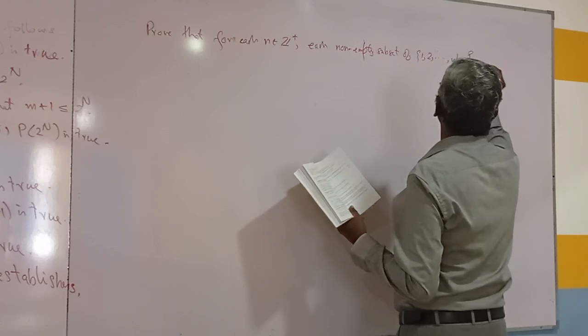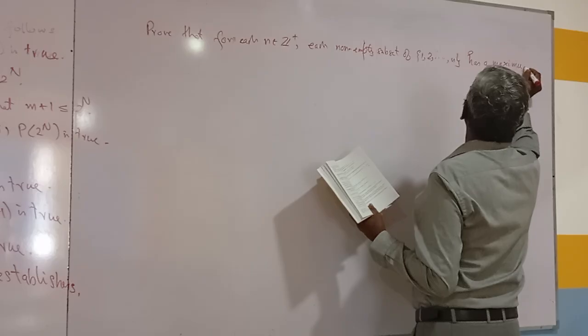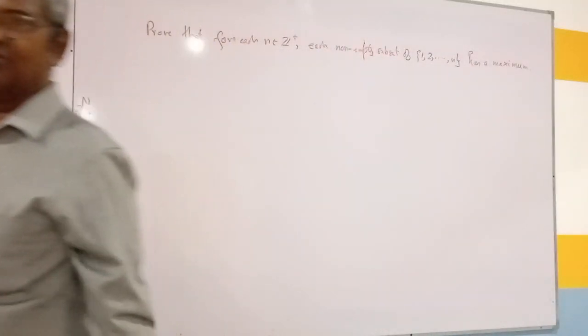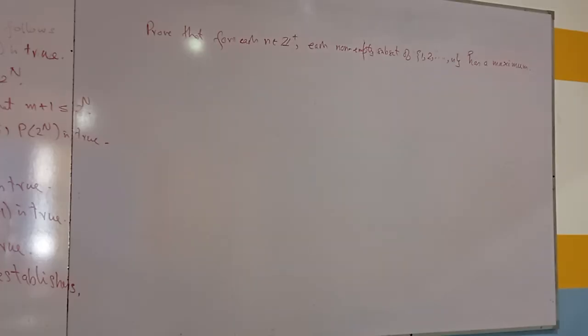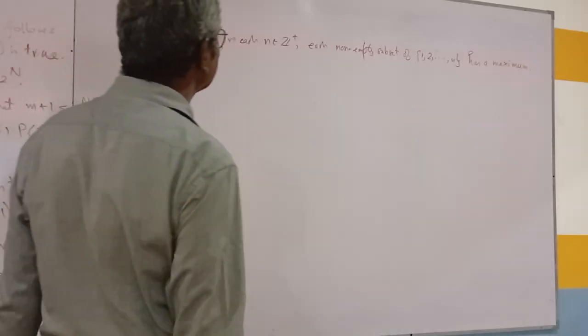Actually, no need to do this, but I am just doing it. People would know that it has a maximum. But there is no need to prove this, but still let's prove.